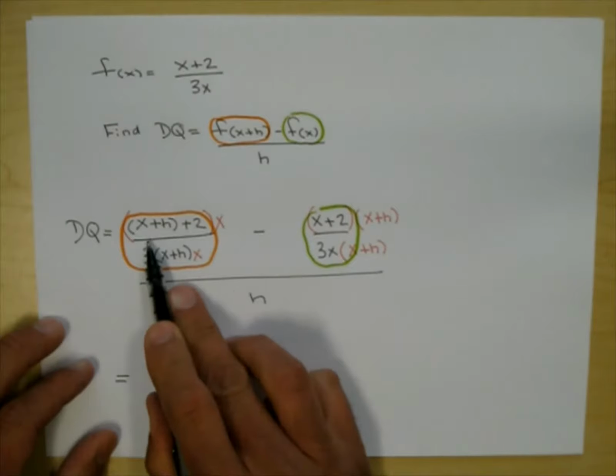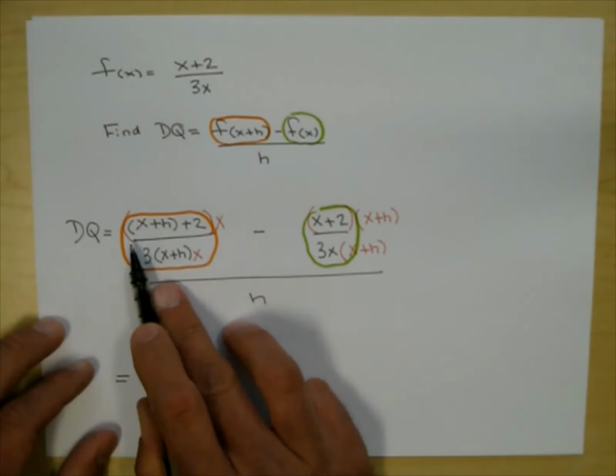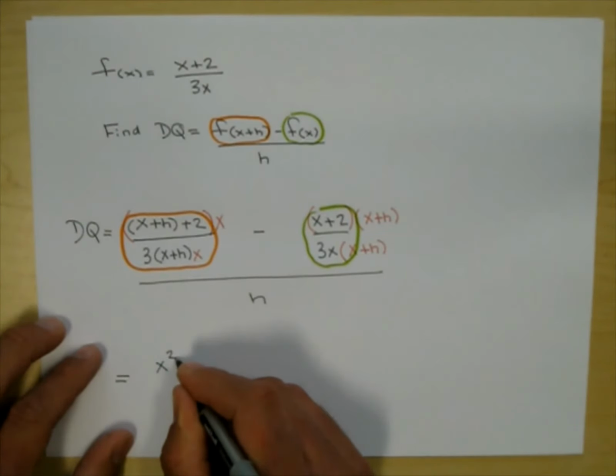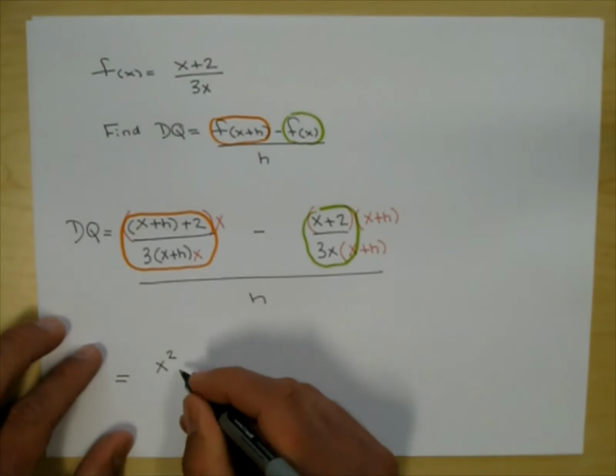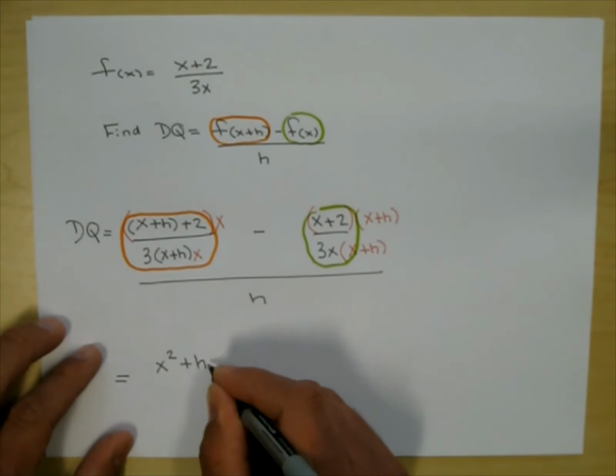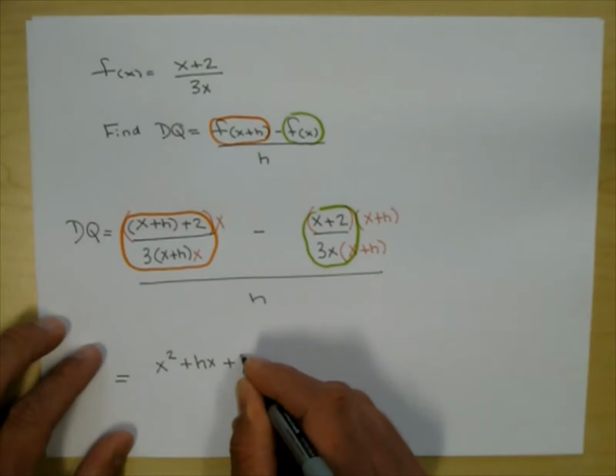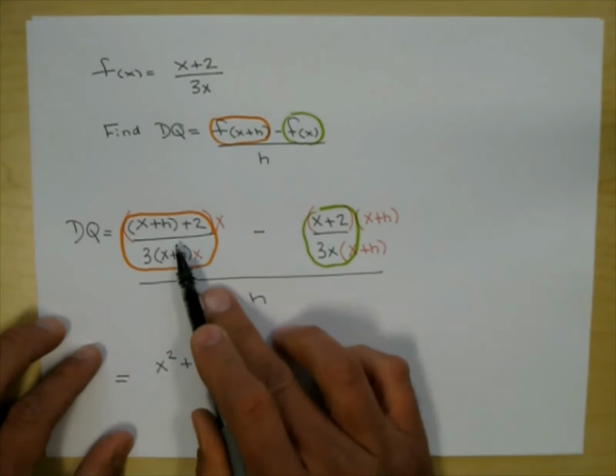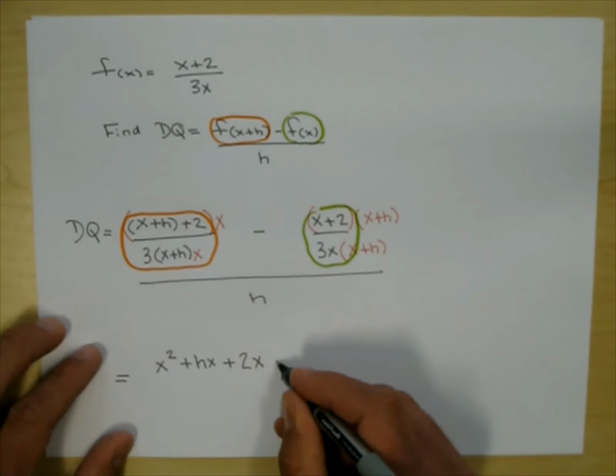So let's go ahead and write our next step. I'm going to go x times these 3 terms. So this is going to be x squared plus hx plus 2x. Okay, so I did that, and then I have minus.